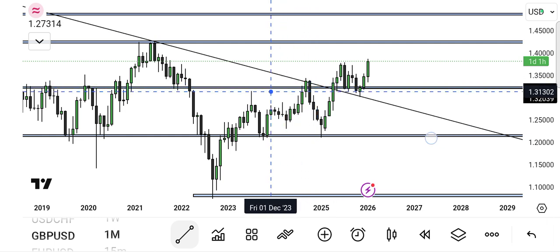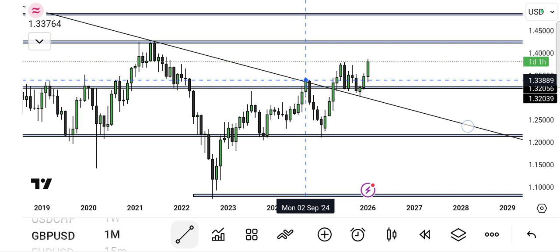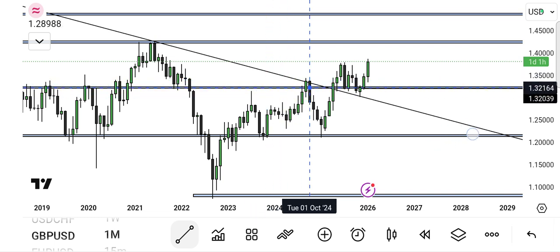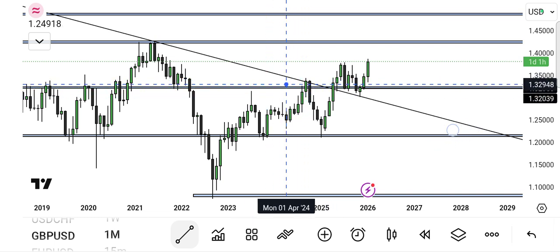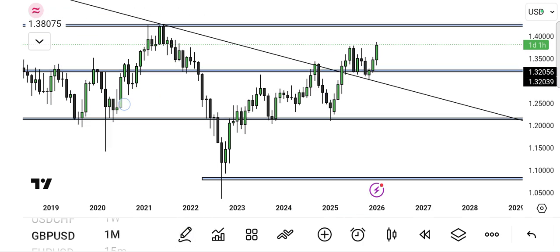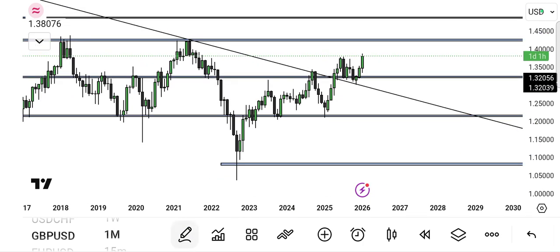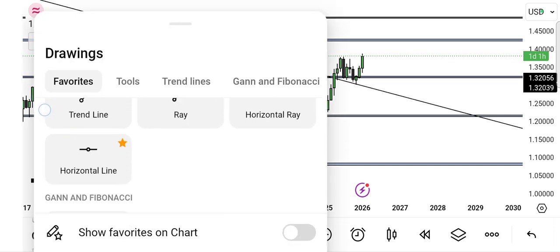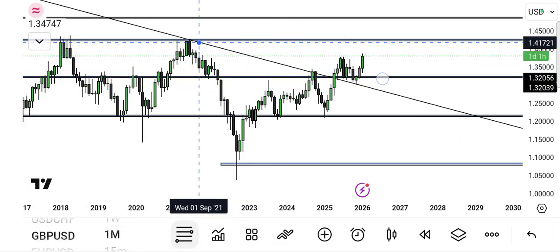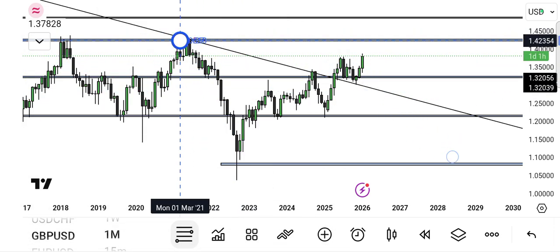So as you can see, the market came to the third touch of this trend line together with a resistance zone. You understand? Let me see if I can plot my Fibonacci at swing high to swing low, and see if it will correspond to that zone there.